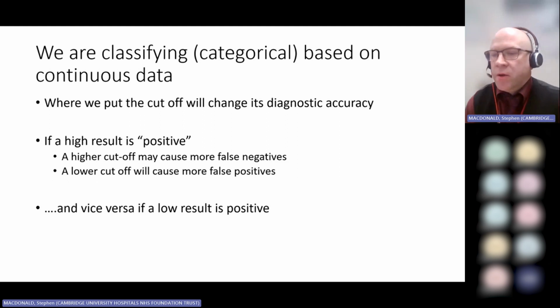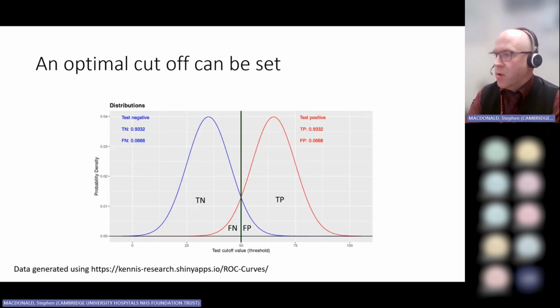Going back to the original picture that we had, where they had the non-disease patients and the disease patients, if we say that a high result in whatever assay we're measuring is positive, and we move that cutoff a little bit higher, we're at risk of adding in some more false negatives. And equally, if we lower the cutoff, we'll cause more false positives. We'll show that diagrammatically in a second. So we just need to be aware that where that cutoff lies in the overall scheme of things will determine ultimately how our clinicians interpret that result.